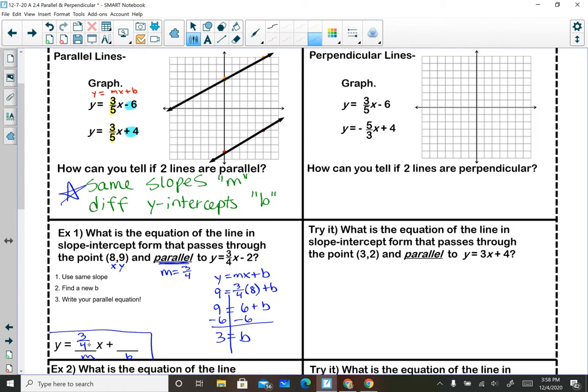Look, 3/4, 3/4, and this one had a b of -2, this one is going to have a b of +3. So these two lines are going to be parallel to each other because they have the same slope but different b's. And I also know it's going to go right through 8, 9 because I used 8, 9 as my ordered pair.